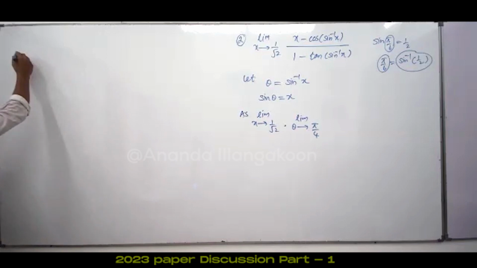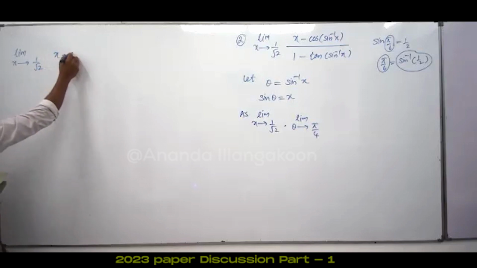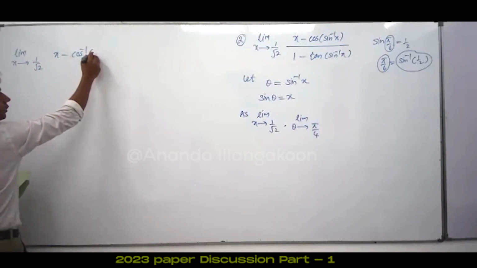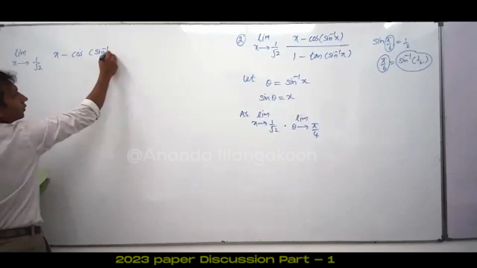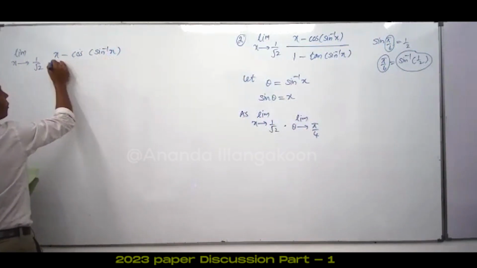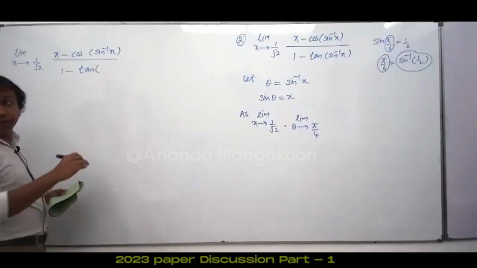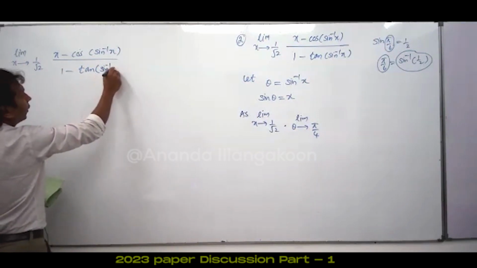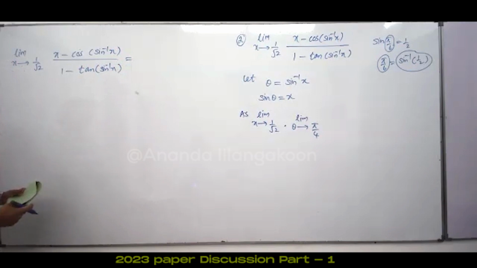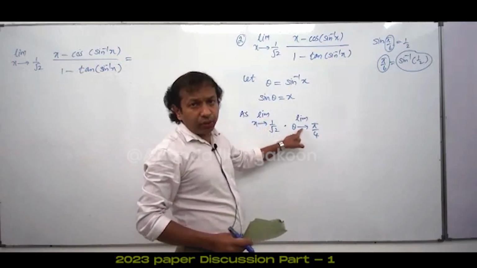The question is that, limit x going to 1 over root 2 of x minus cos sine inverse x, divided by 1 minus tan sine inverse x, no? Right. Here we notice as x going to 1 over root 2 means theta going to pi by 4, no?